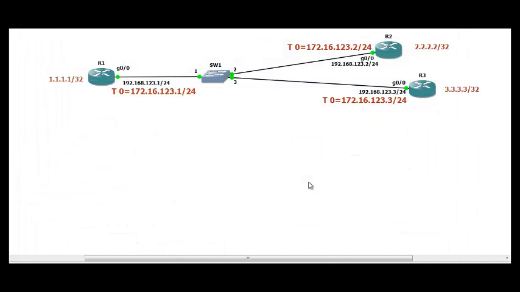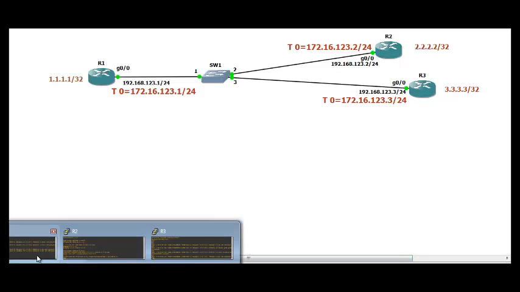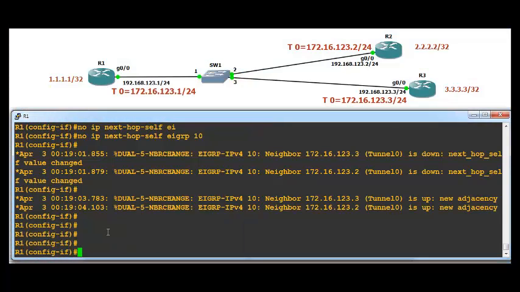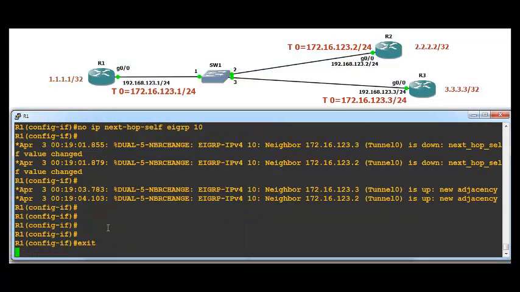Right. So let us now remove EIGRP from here and put OSPF. The reason why I am enabling OSPF is because you are using a tunnel interface. R1 and R2, according to the tunnel interface, are a non-broadcast multi-access network.